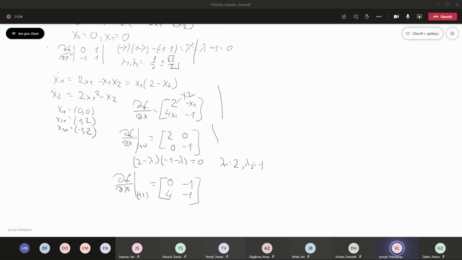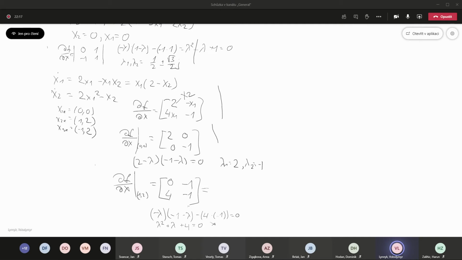Okay, and eigenvalues: minus 1 minus lambda, and minus 4 minus 1, equal to 0, and lambda squared plus lambda plus 4 equal to 0.